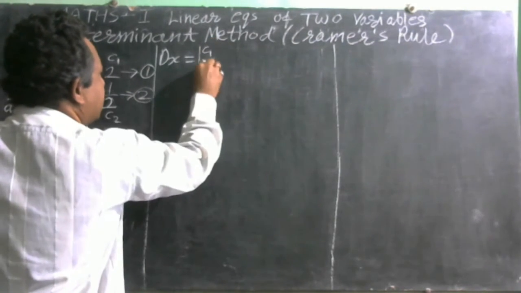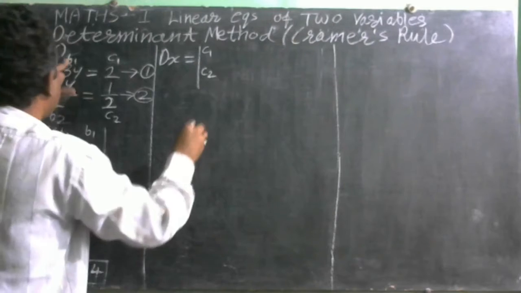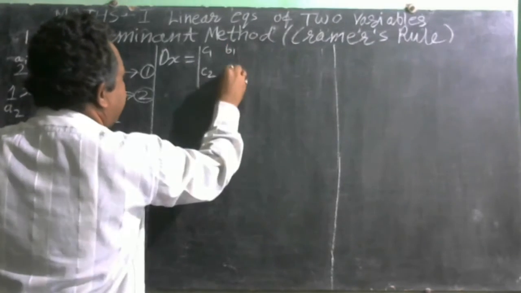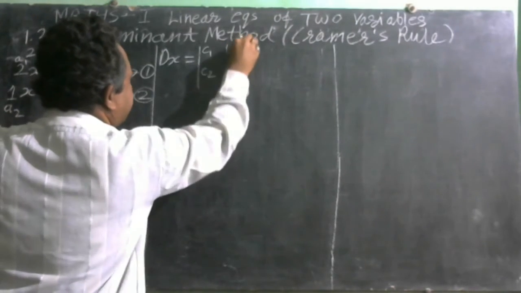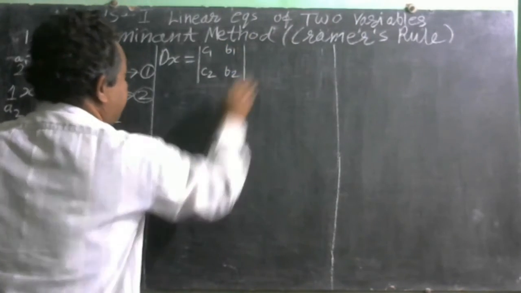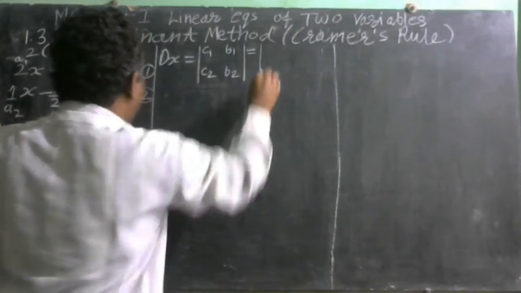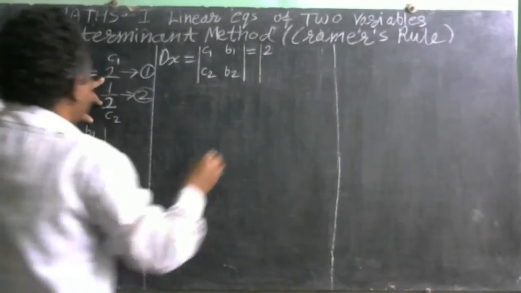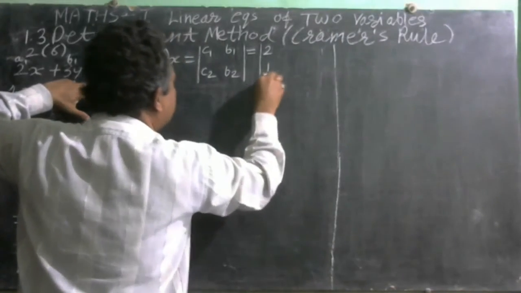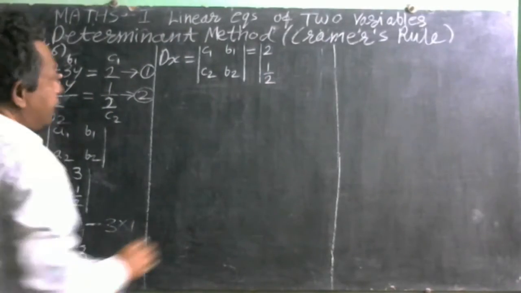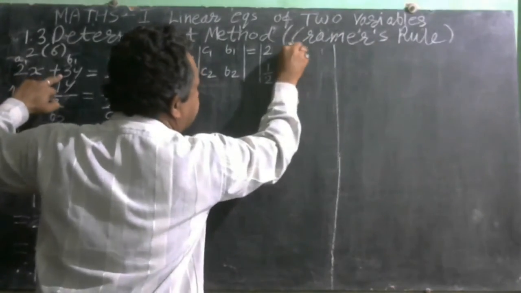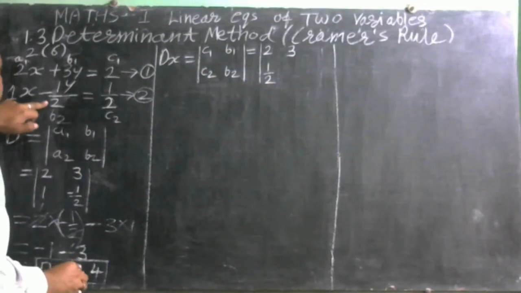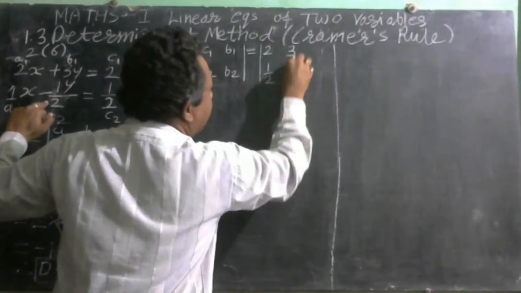That means c1, c2, b1, b2. Now what is the value of c1? That is 2. What is the value of c2? That is 1 upon 2. What is the value of b1? That is 3. What is the value of b2? That is minus 1 upon 2.